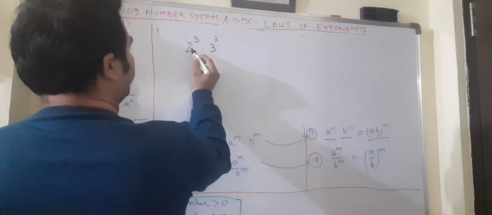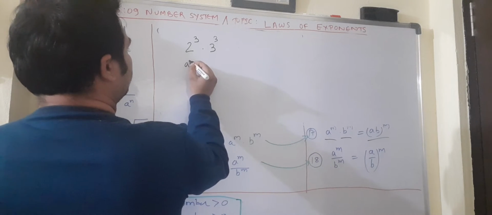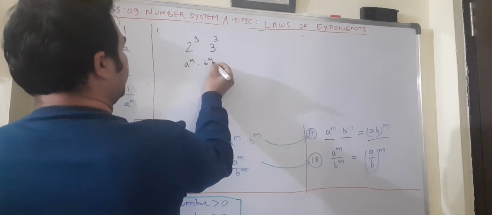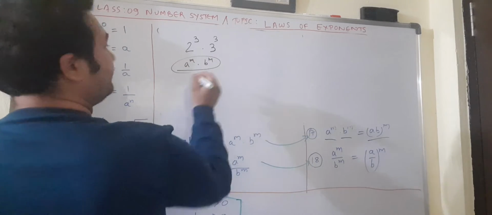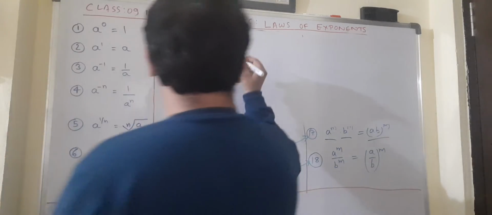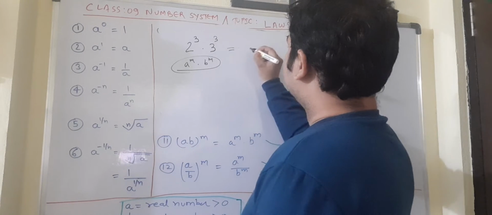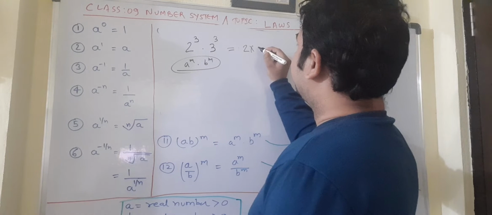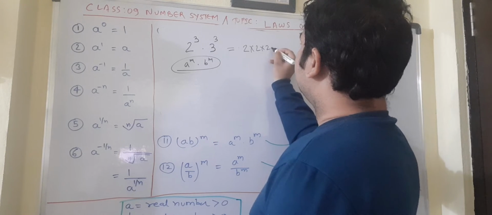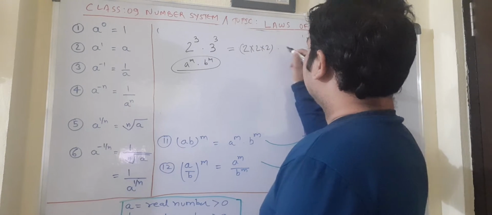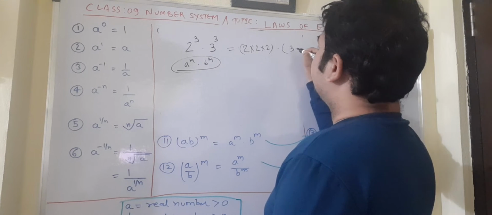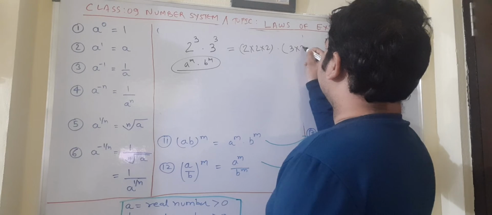So this is of the form a to the power m into b to the power m. Isn't it having the same form? So 2 cube you can write as 2 into 2 into 2, and 3 to the power 3 is 3 into 3 into 3.